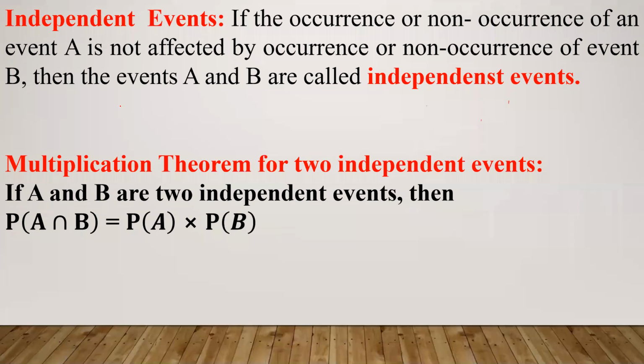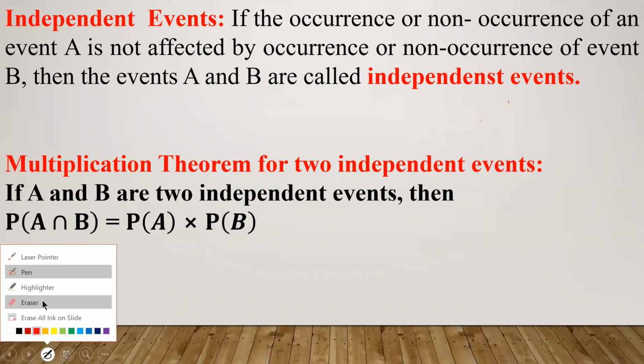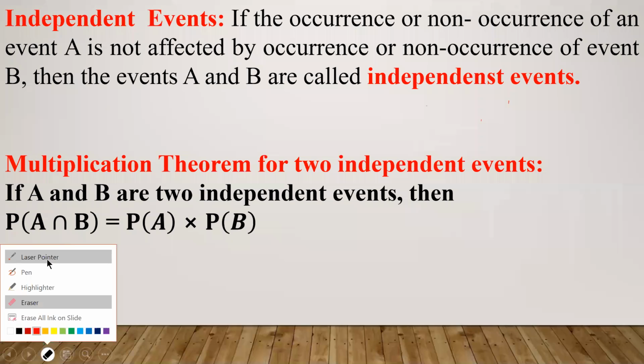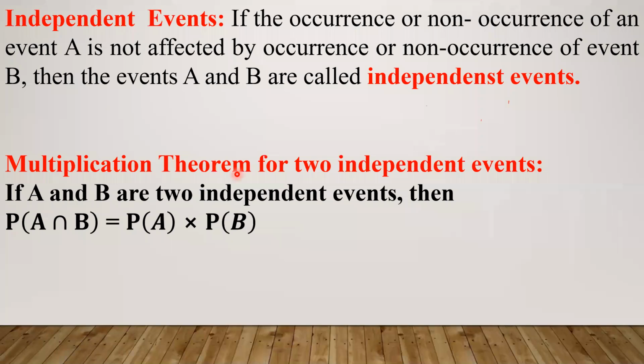So you just remember that independent events means the occurrence of one event has nothing to do with the occurrence or non-occurrence of the other event. Now, जैसे हमने एडिशन थ्योरम किया था वैसे यहाँ multiplication theorem है for 2 independent events.